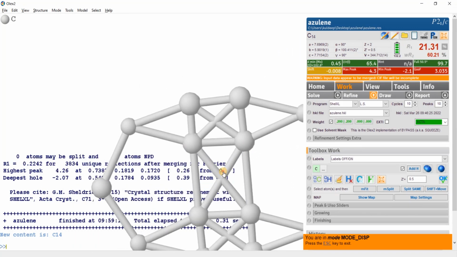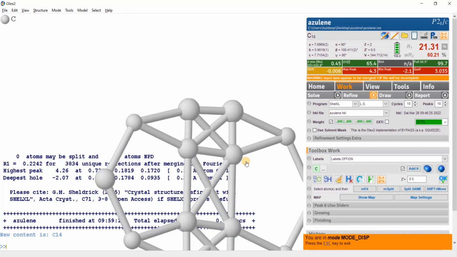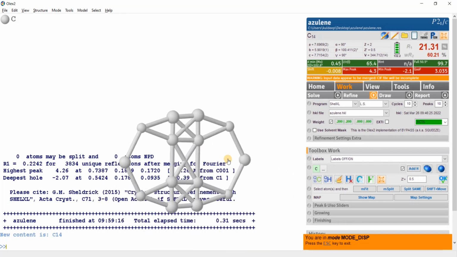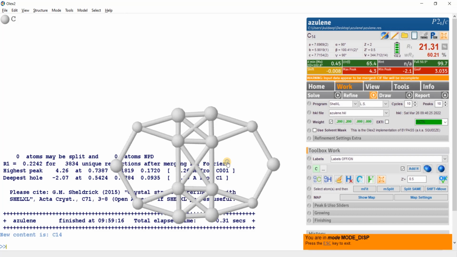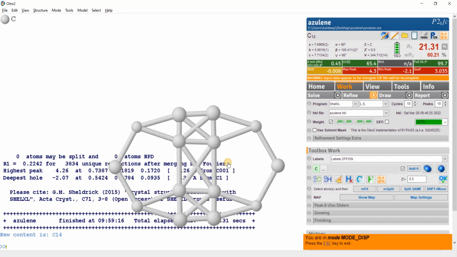From this molecule here, you can have a little bit of an idea about the structure. Here you can see this is a 5-membered ring fused with a 7-membered ring. From this side, a 5-membered ring fused with a 7-membered ring.